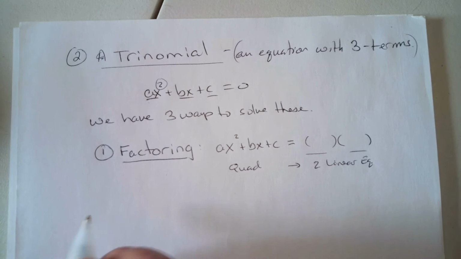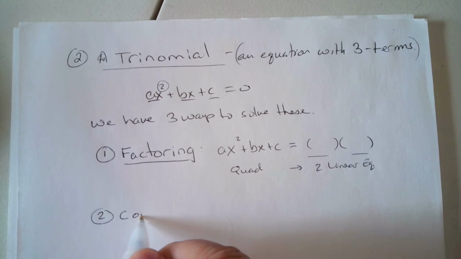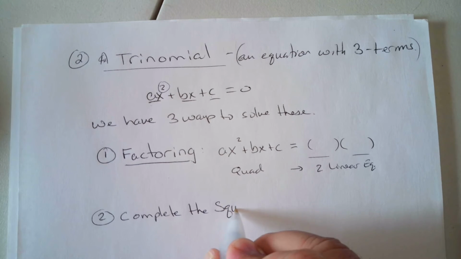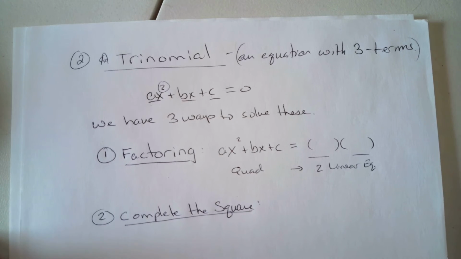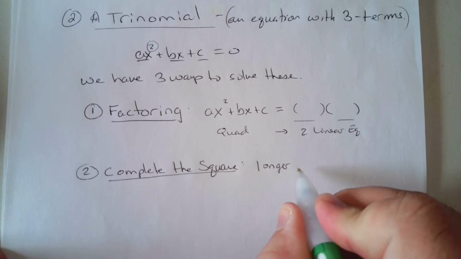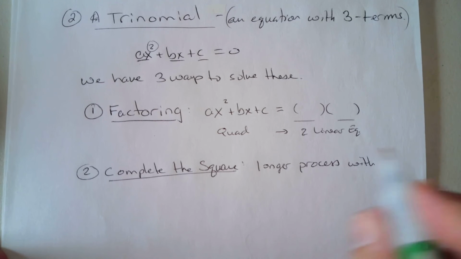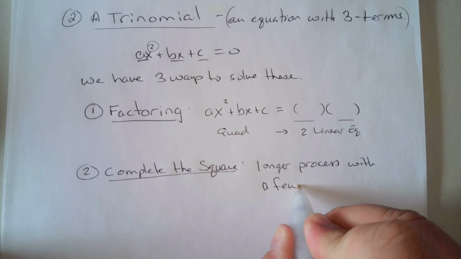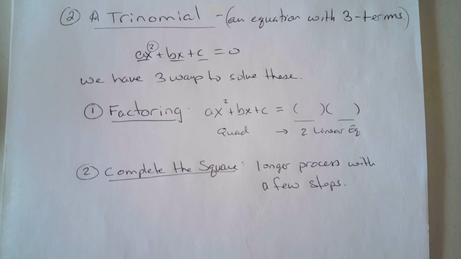That's the first way. The second way is called completing the square. This is a longer process with a few steps to create a completed square equation.